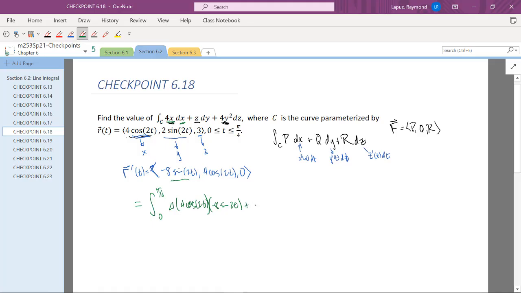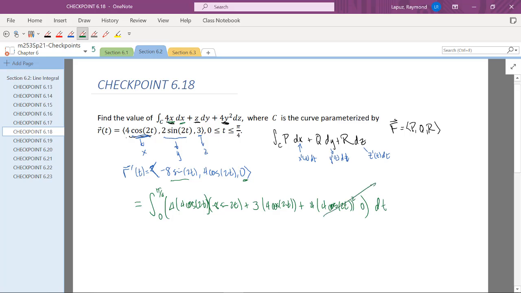Now we have z, which is equal to 3, and y prime, which is 2 cosine 2t. Then we have 4y squared, that's 4 times (2 sin 2t) squared, times dz, which in this case is just 0. Each of them would have a dt factor, but we can take that out and have this as one big integral.